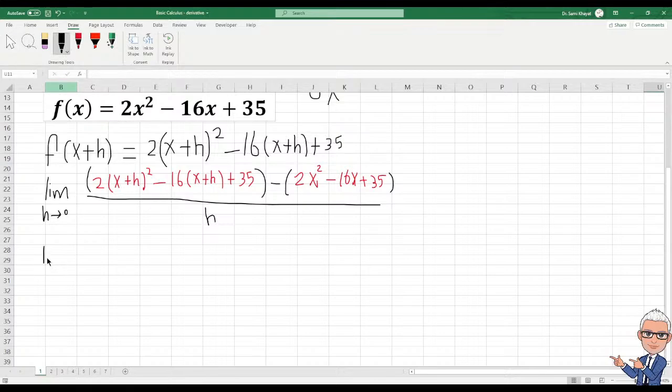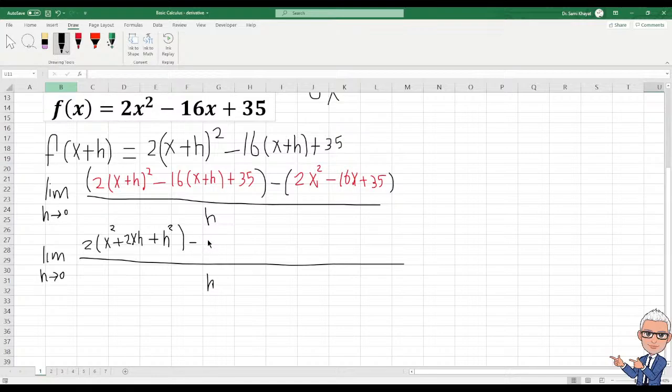Okay, and we have limit h approaching 0. We have h down. The first one, it will be 2. I will open this one. That will be x squared plus 2xh plus x squared. This is the first one.